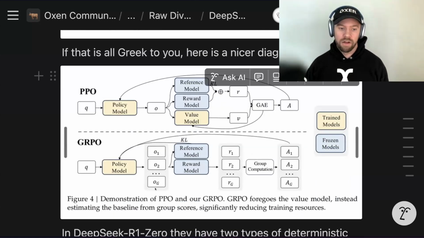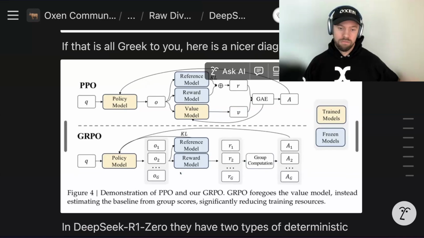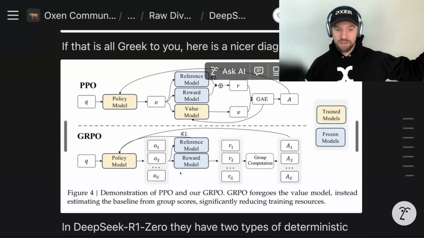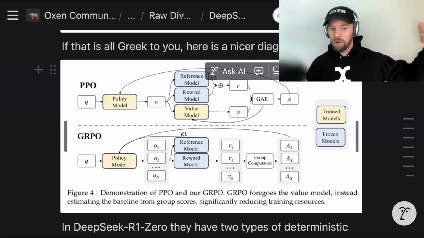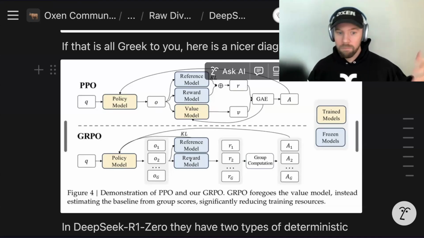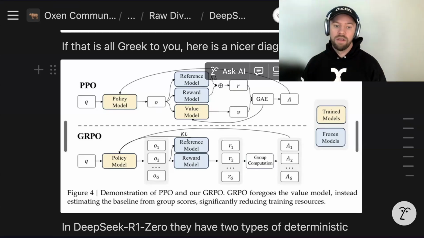So going back to these diagrams and going back to the equation, you have a query come in and you have the LLM that you're training generate a bunch of different outputs. You then run those outputs through either those regexes that we showed before or a code interpreter, or in the case of some other reinforcement learning algorithms, the reward model might be an LLM. You also run it through the reference model.